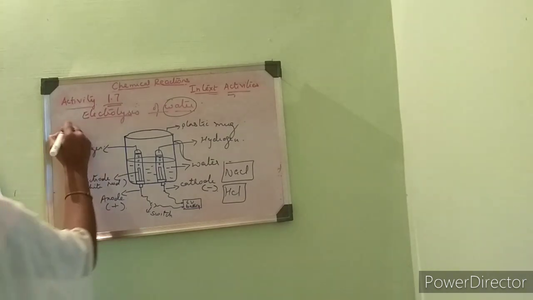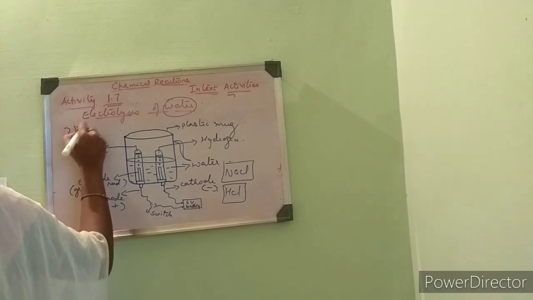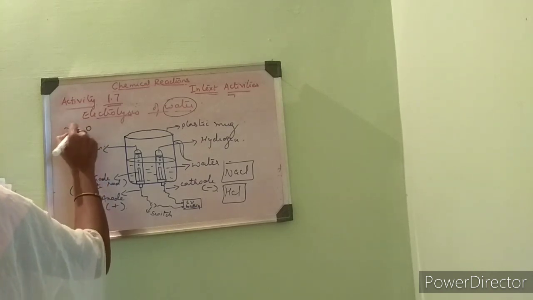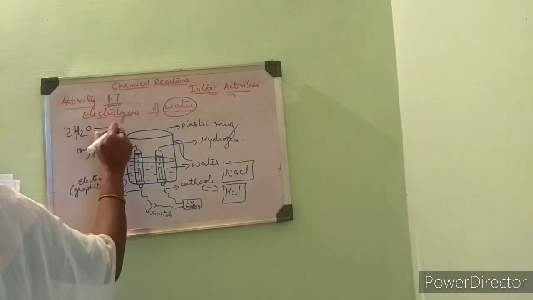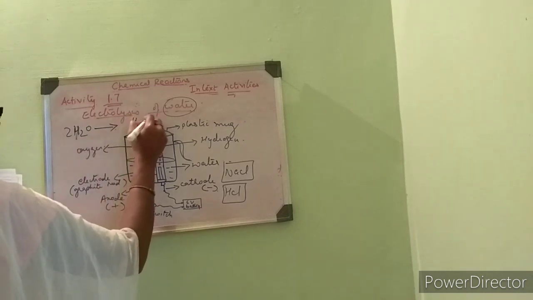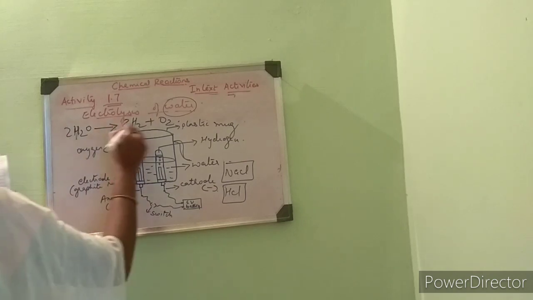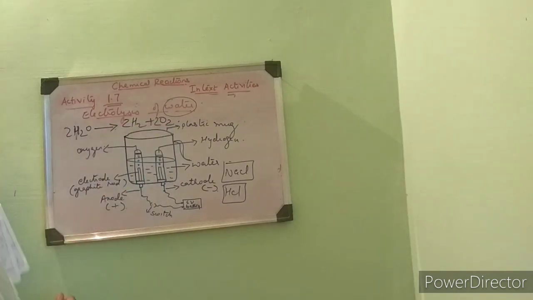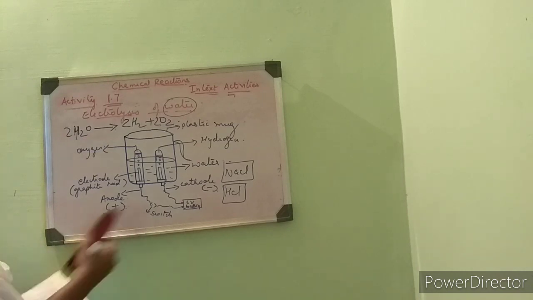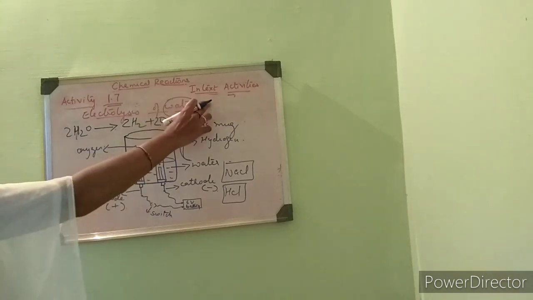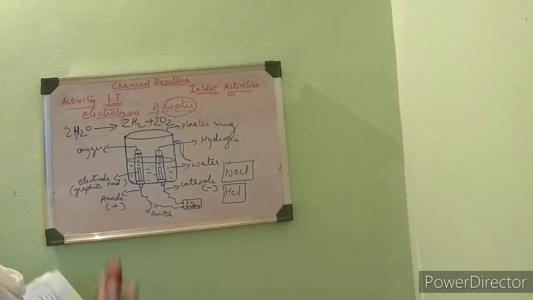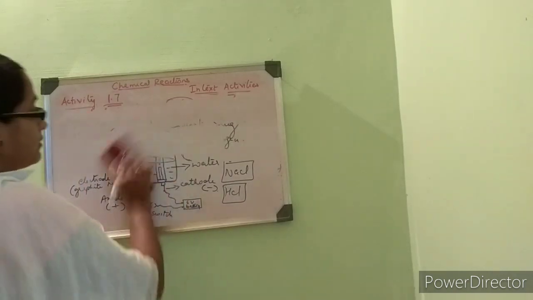So 2H2O splits up to give 2H2 plus O2. This is also one of the important in-text activities. Next we will go with activity 1.8.